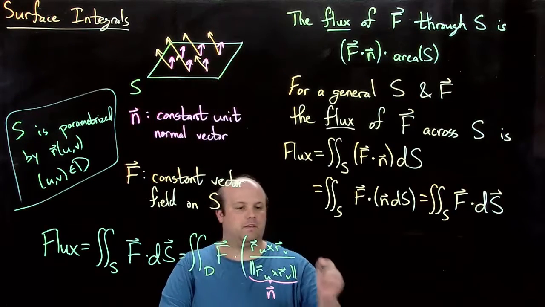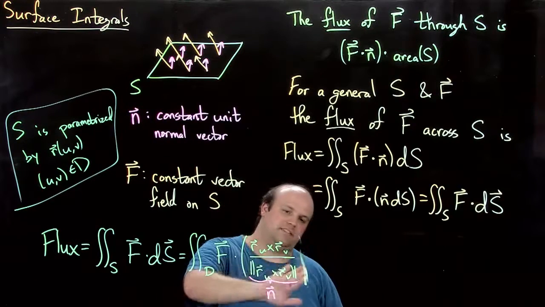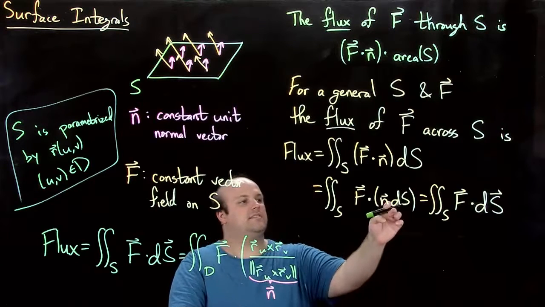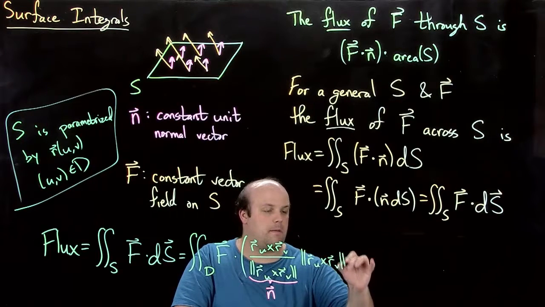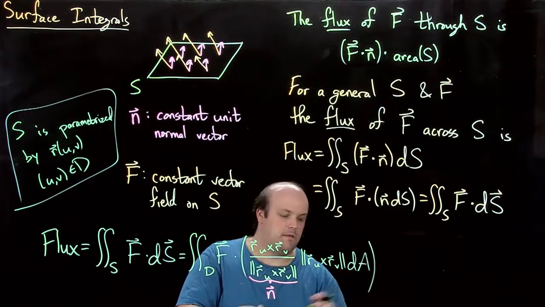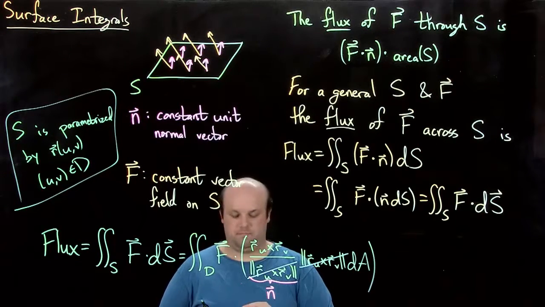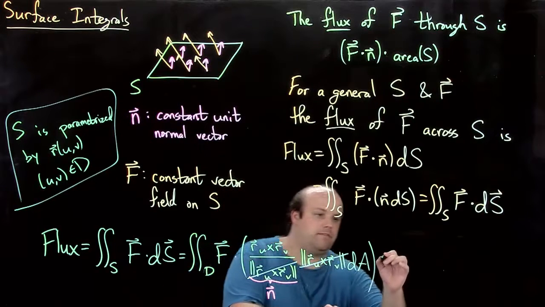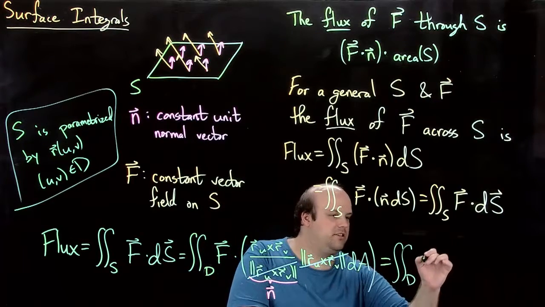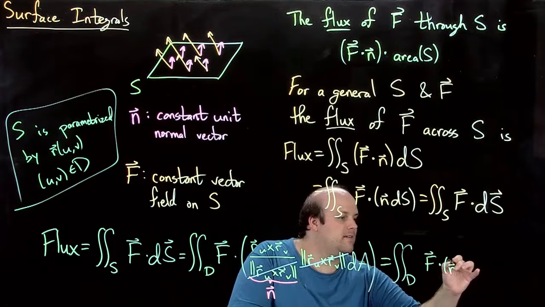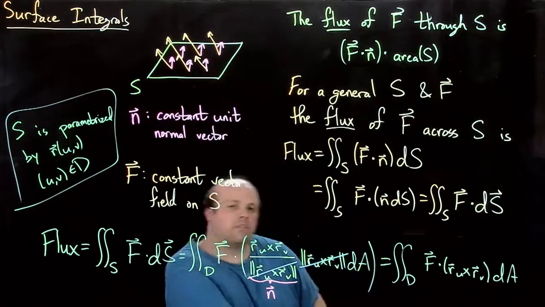Remember, when we have this n, that gives an orientation on the surface. And then dS, well, actually, let's not close this parentheses yet. Then dS is just the magnitude of r_u cross r_v dA. So that lets us cancel these two, and it gives us the way of computing flux as the double integral over the domain of the parameterization of F dot r_u cross r_v dA.